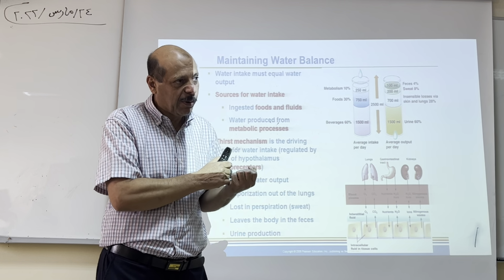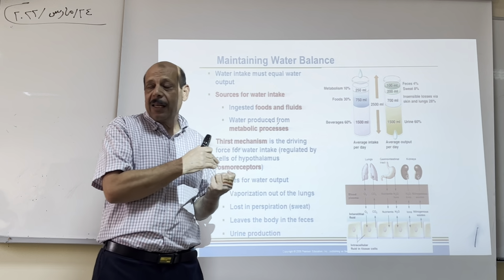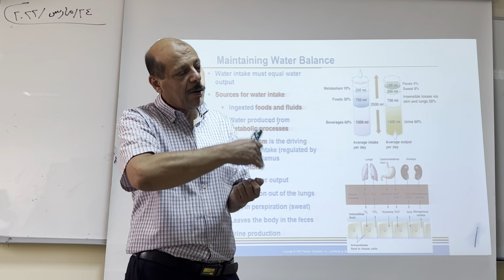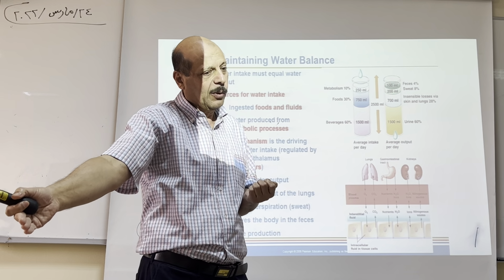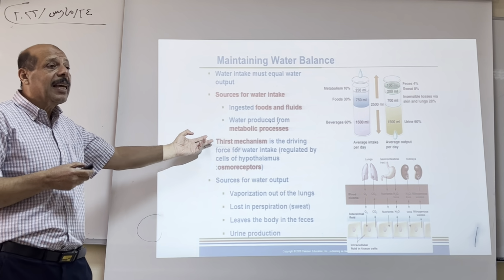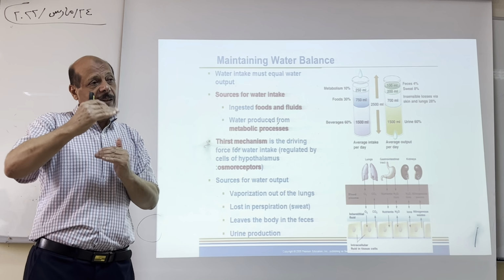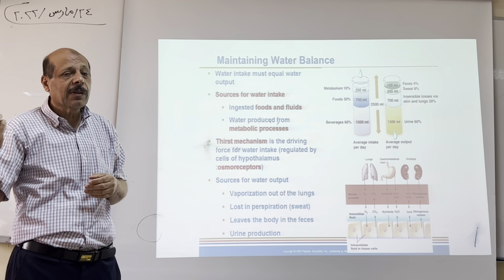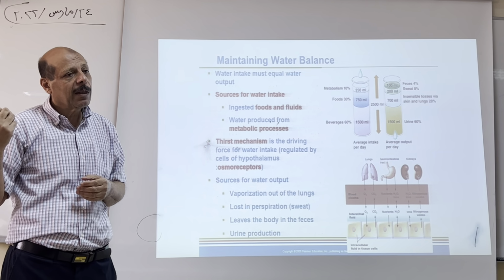The electrolyte and the soluble will go from the higher concentration to the lower concentration. So in this case, when the osmolarity of the blood is high, in order to maintain the osmolarity, what will happen? It will take some fluid from the cells.